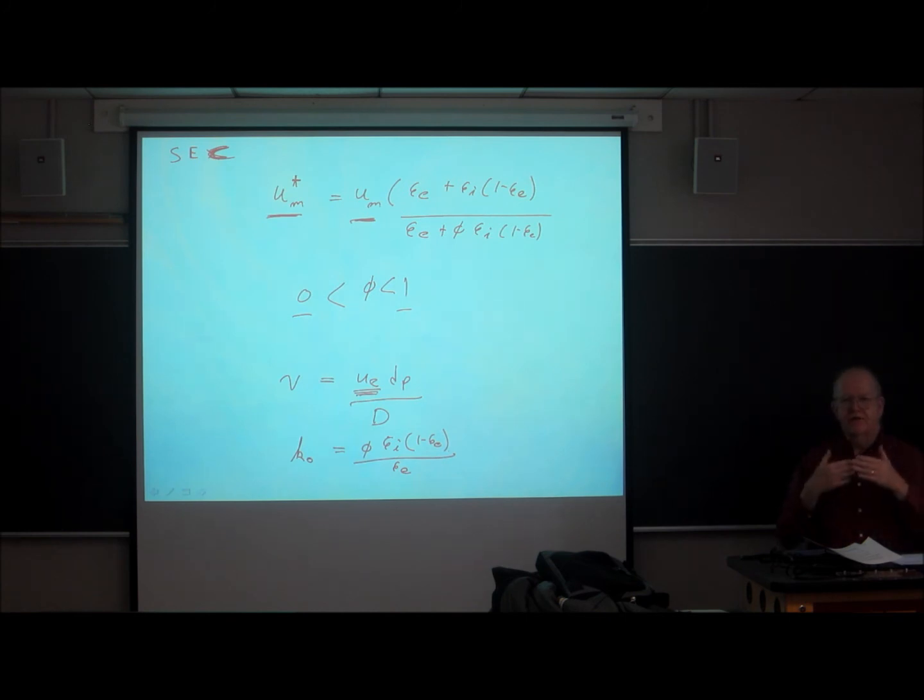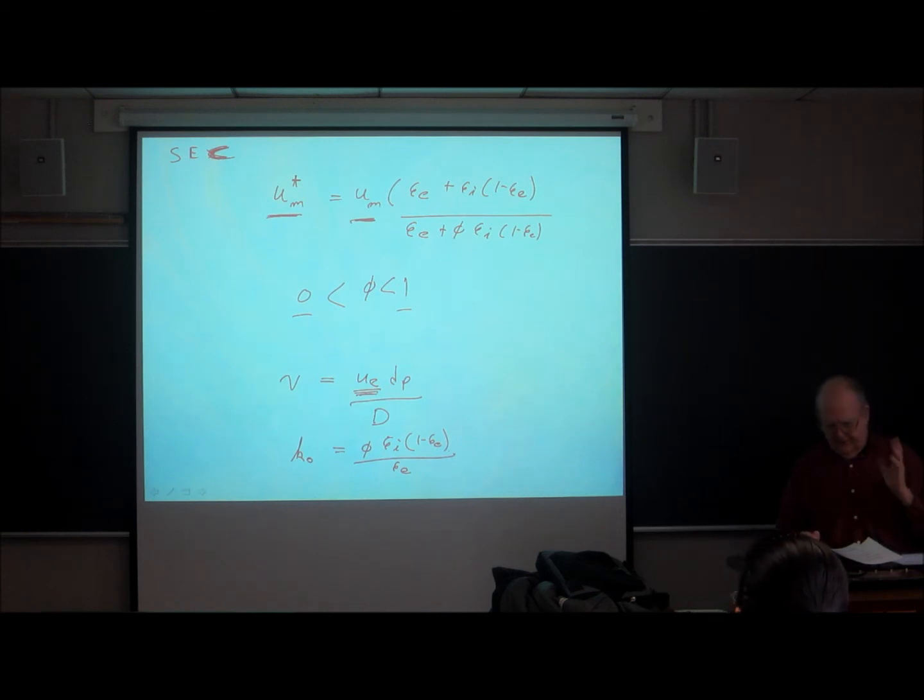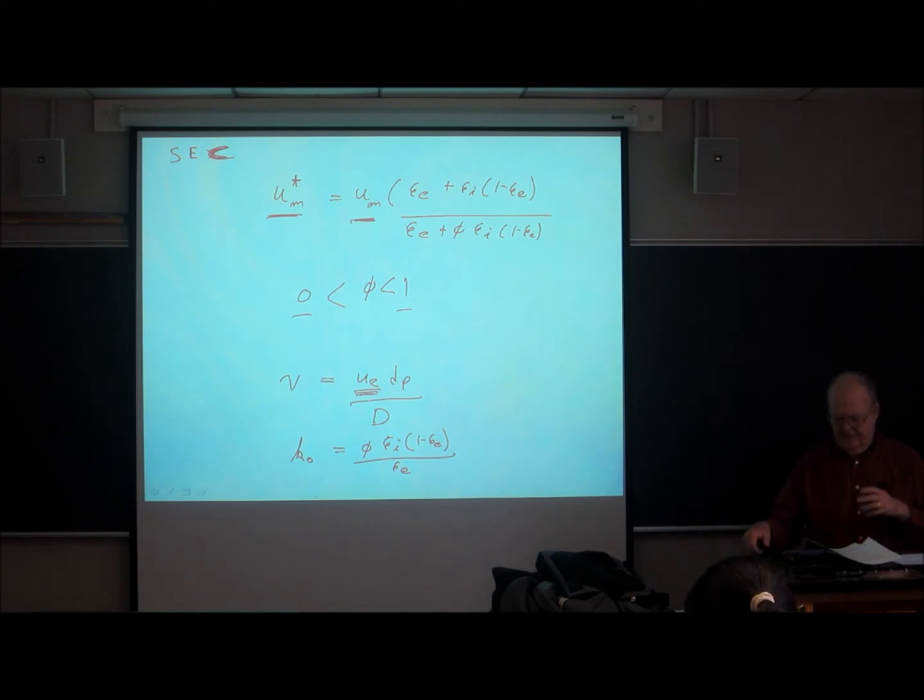It's like a retention factor, but it's a steric exclusion retention factor, if you will. And this will come into play when we get into the details of the HETP, and it's a real unfortunately confusing factor in the following sense.